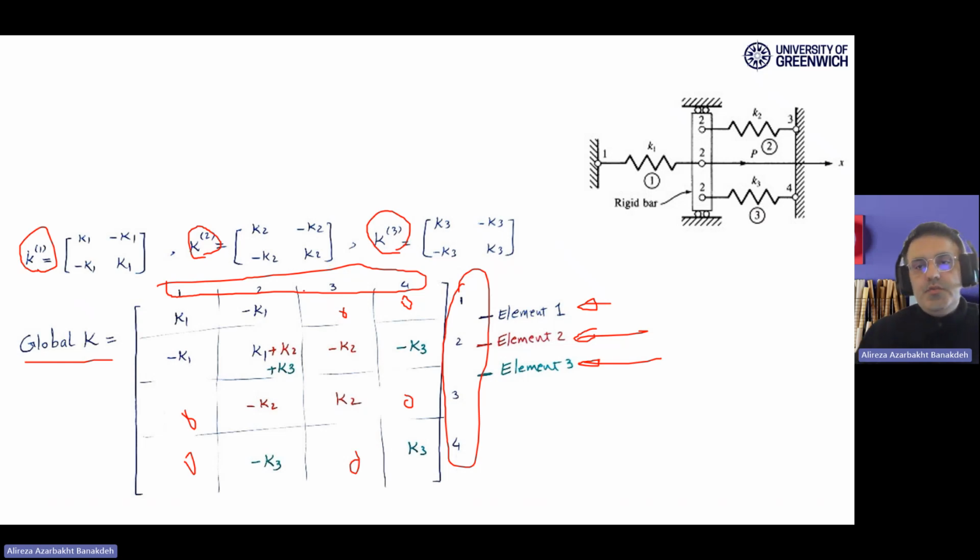And as you know, we need to apply the boundary condition for this matrix. And we have three boundary conditions, as you see in node number one, node number three, and node number four. They are connected to supports, to the walls, and we need to eliminate rows and columns corresponding to those degrees of freedom. That's why you need to eliminate rows and columns of number 1, 3, and 4.